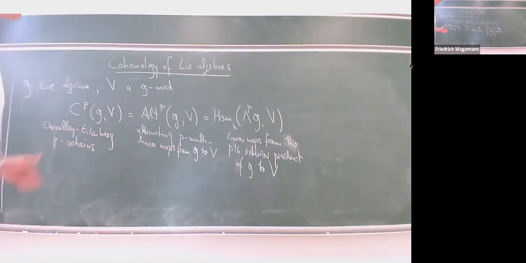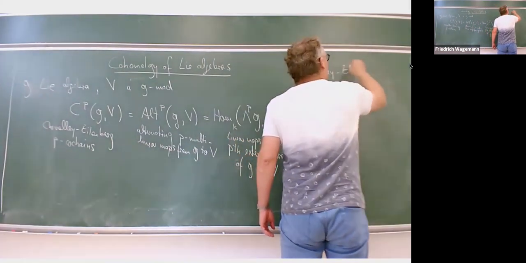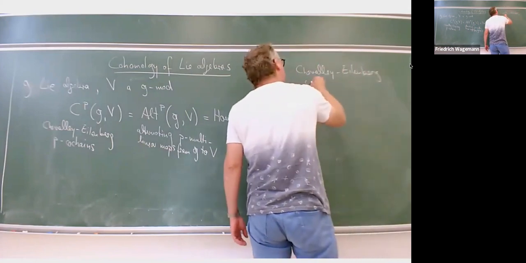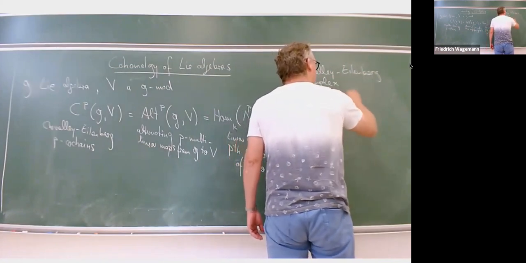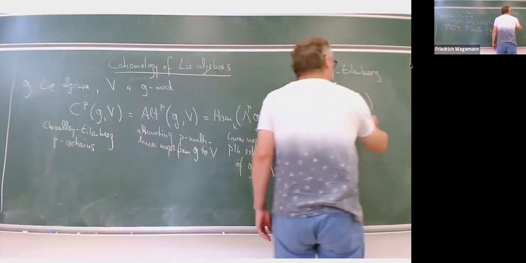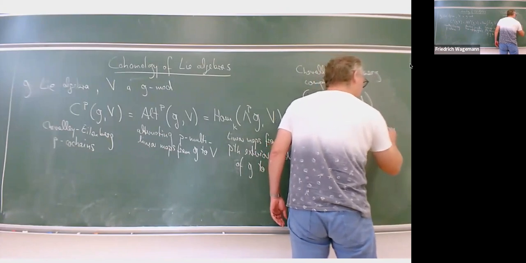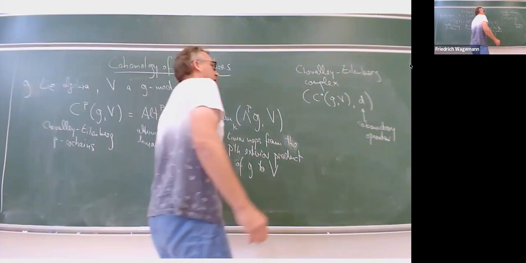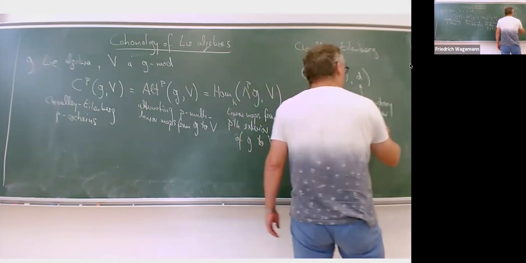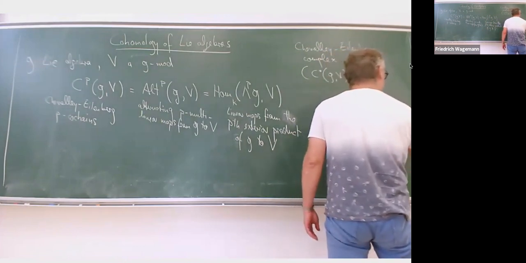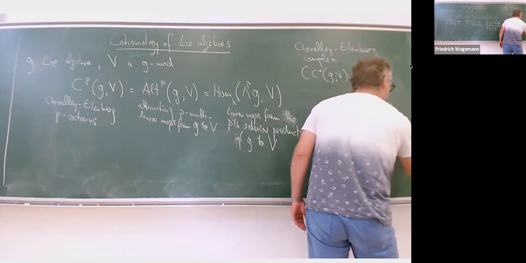And then there is the Chevalley-Eilenberg complex with these cochains and the co-boundary operator, and then the cohomology, the Chevalley-Eilenberg cohomology, will be the kernel of D from CP to CP plus 1, divided by the image of D from CP minus 1 to CP.